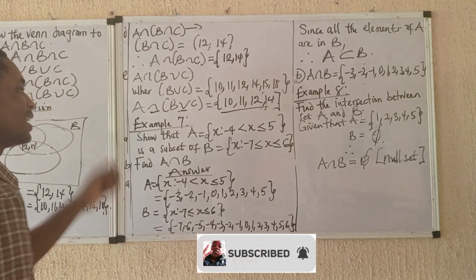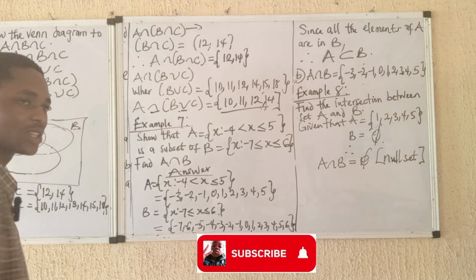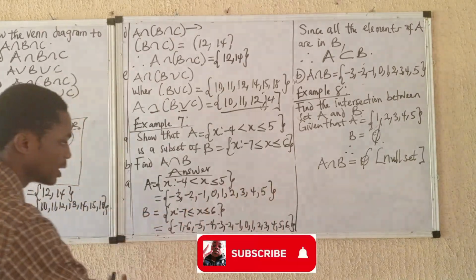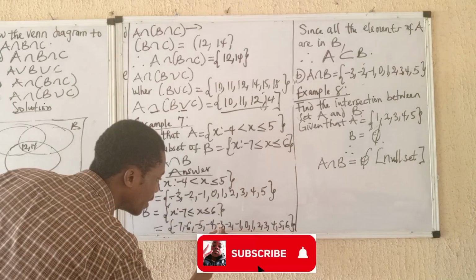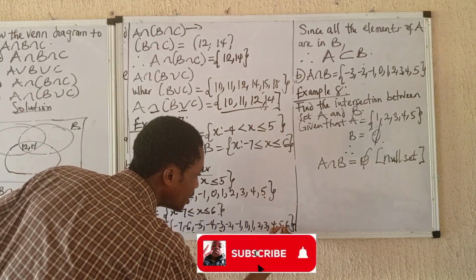It told us to show that set A is a subset of set B. What is a subset? With this interpretation now, -3 started here, right? +5 ended here.